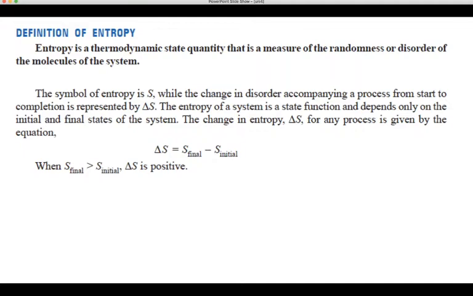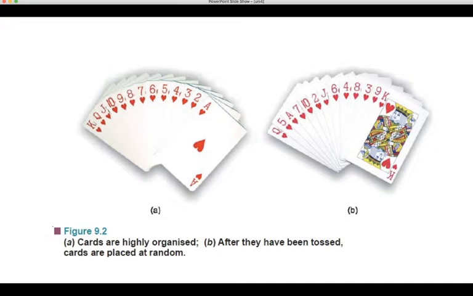So these are the basic terms, and they are really useful to understand thermodynamics and its second law. If you play cards, initially the cards are really well arranged, so there is no randomness. Cards are arranged like A, 1, 2, 3, 4, 5 to K, all very well arranged.